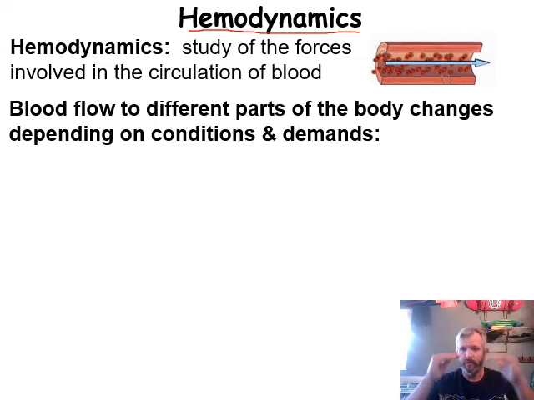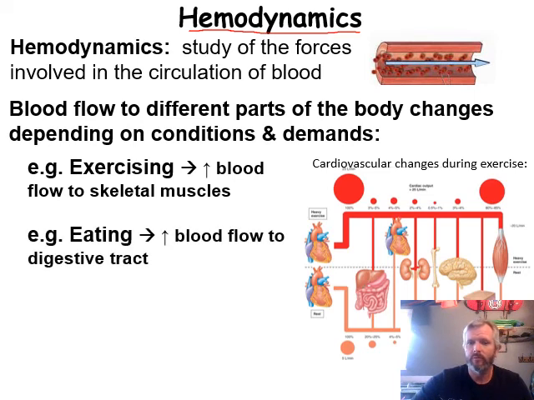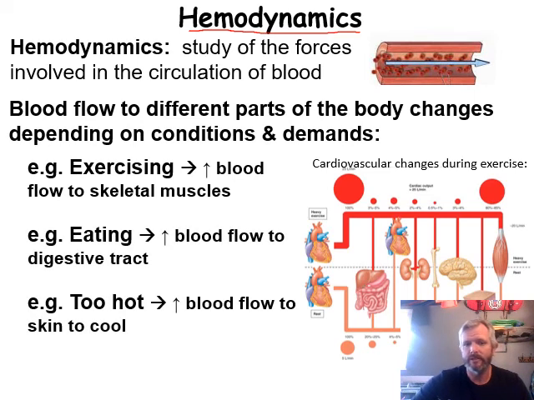So with these changes that are taking place, we have to change the flow of blood. So let's look at what controls this. You can see here's your body at rest, and you can look at the flow of blood to the different organs.